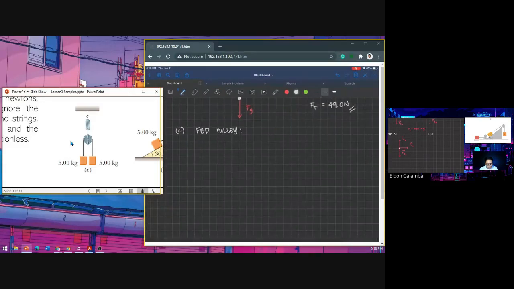So, you have the pulley. And then, dalawang string ang nakakabit sa kanya.